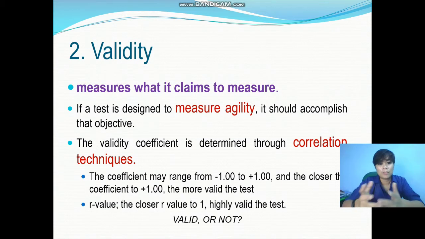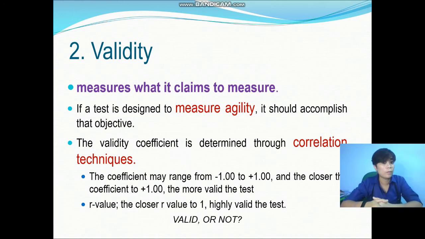The validity coefficient is determined through a correlation technique. So we have numbers. The maximum is +1; the closer the value of the correlation to 1, the higher the validity. It is measured with the r value. The higher it is, the higher the validity.